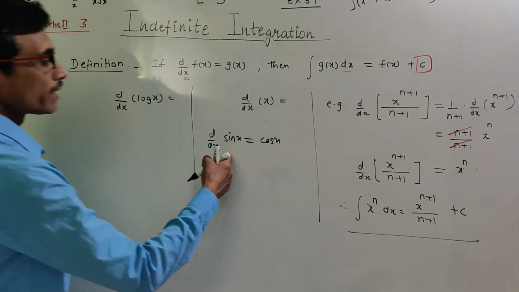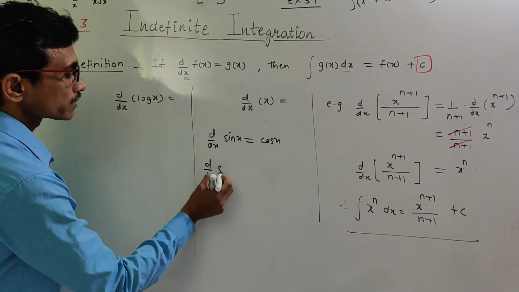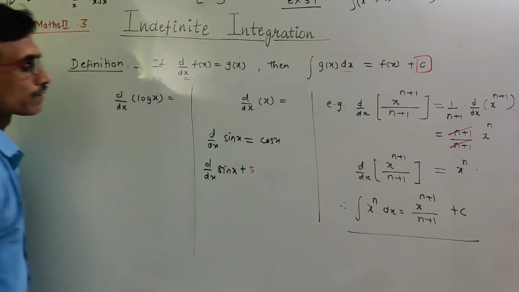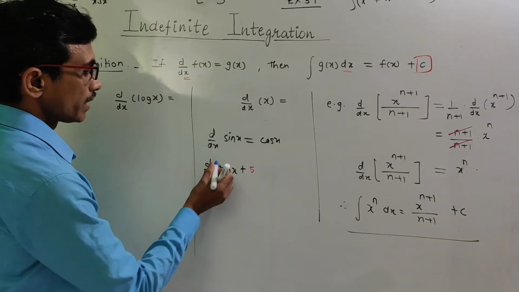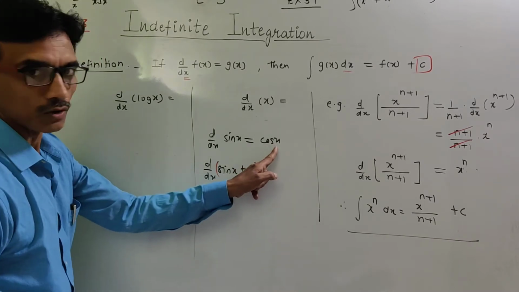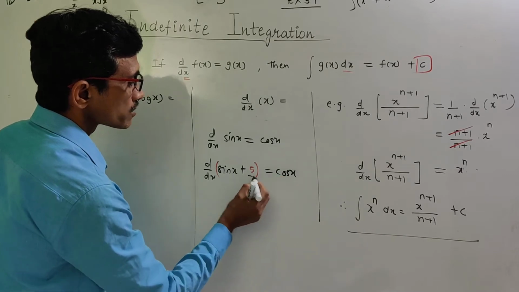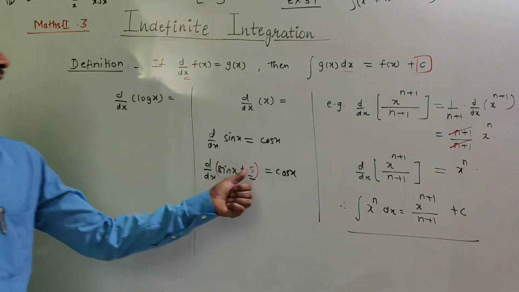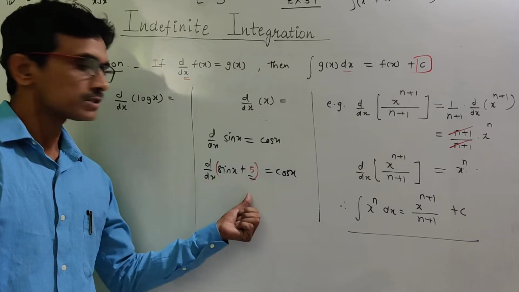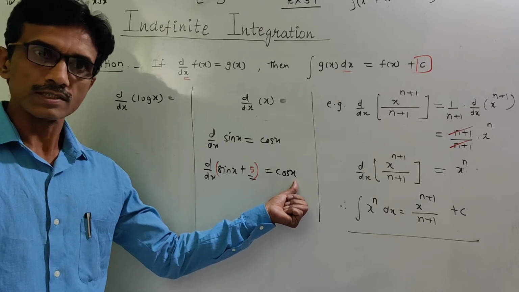But the derivative of sin x plus, say, pi is also cos x, because the derivative of the constant is 0. So in place of pi, if it is any constant, its derivative will be 0 and we still get the derivative cos x.